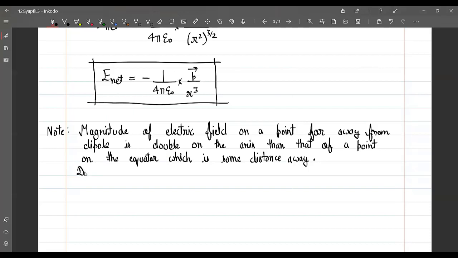And direction of electric field is opposite.